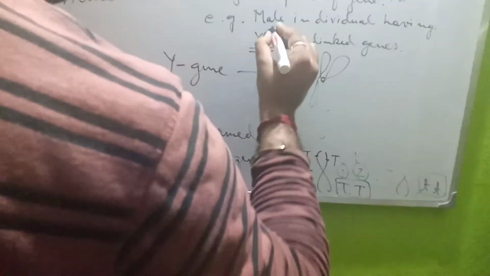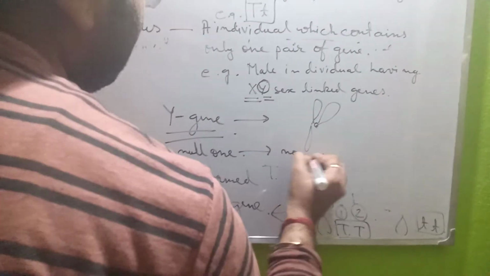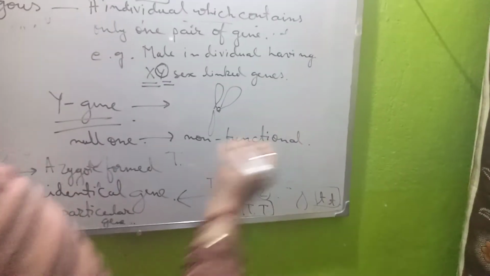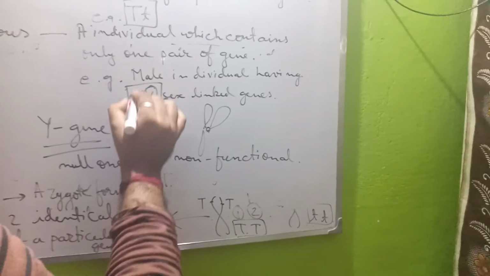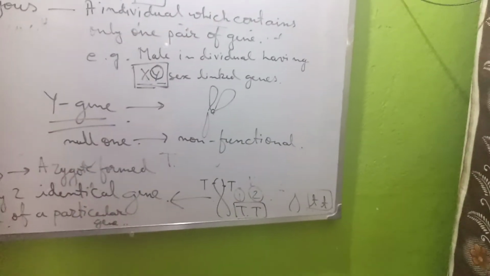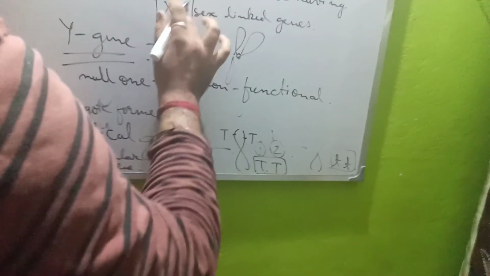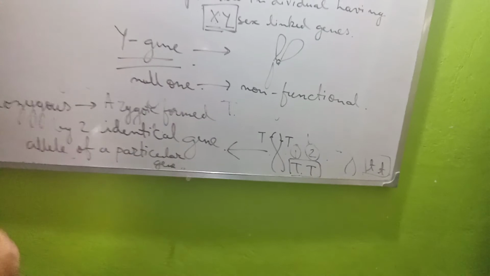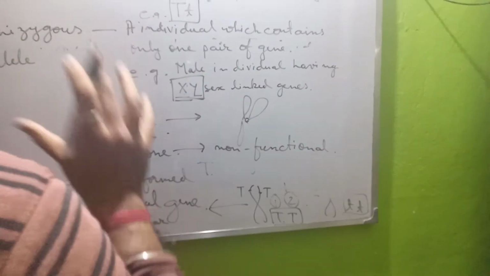So we can say this Y gene is a null one, meaning it's non-functional. That means a hemizygous individual will be representing a gene by the help of only one functional allele. The other allele, this Y allele, is non-functional. So this is what hemizygous is all about.